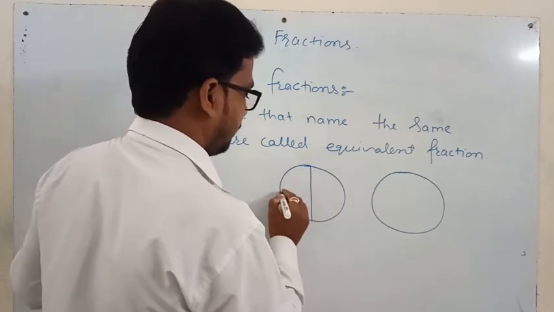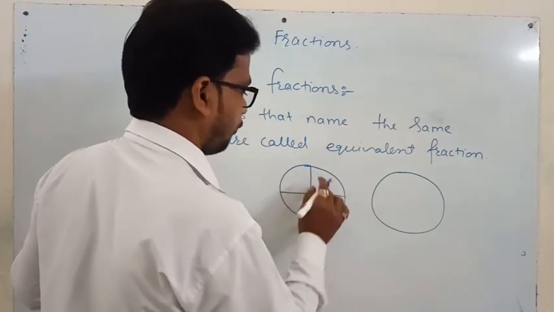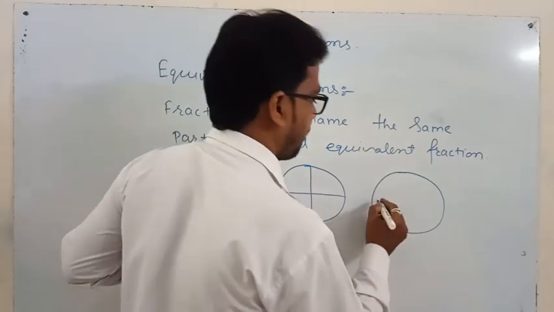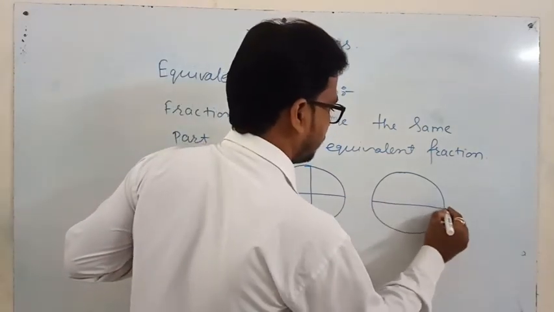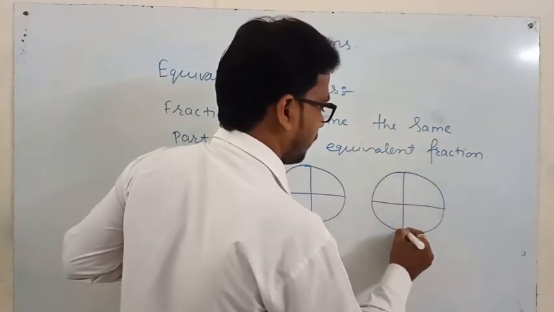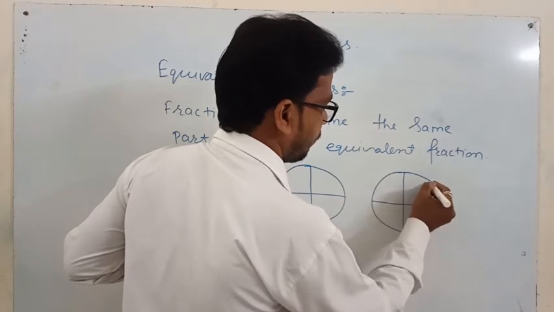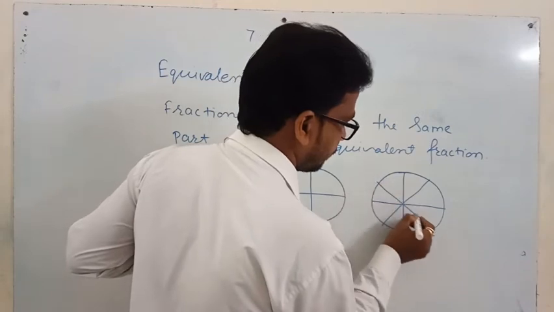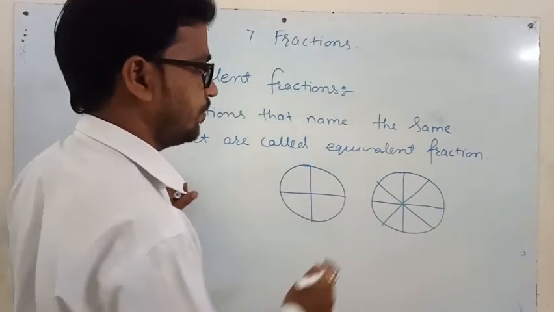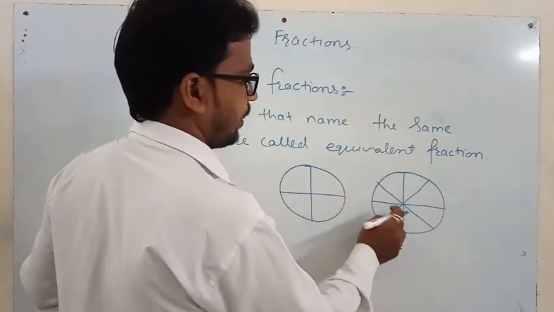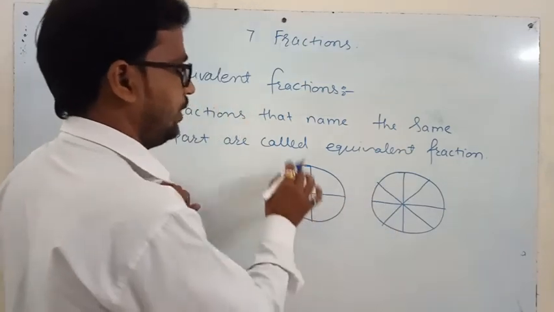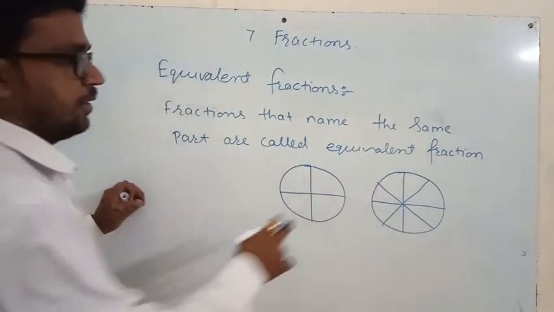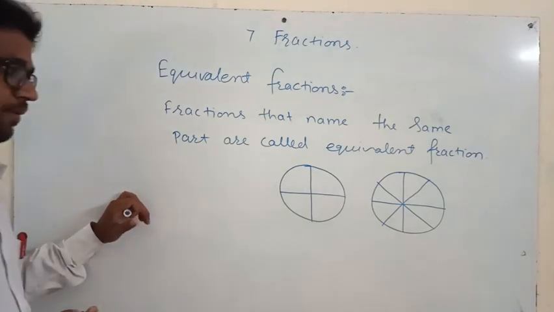I will cut one into four equal parts, and here I cut it into 8 equal parts. 1, 2, 3, 4, 5, 6, 7, 8. Here 1, 2, 3, 4. So 4 equal parts, and here there are 8 equal parts.